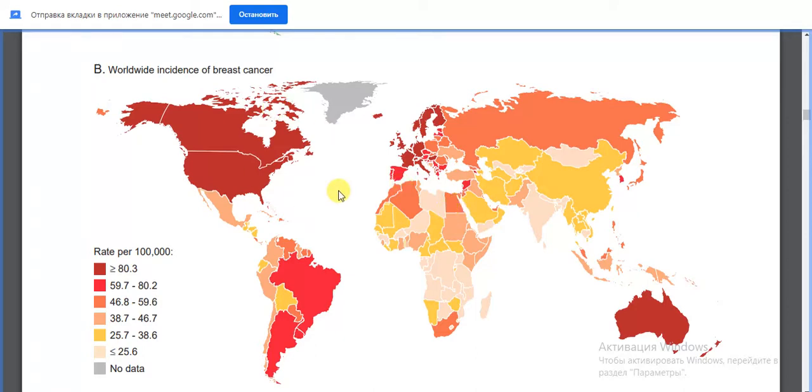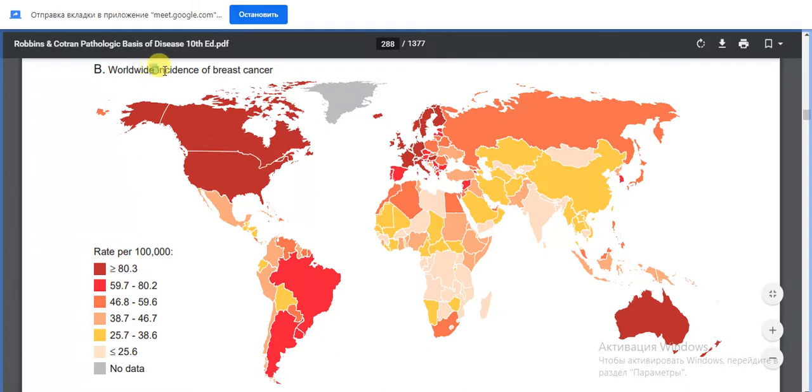So because of what? It happens not because of better statistics alone, but because of better treatment, and because we find this cancer better. Its incidence is higher.